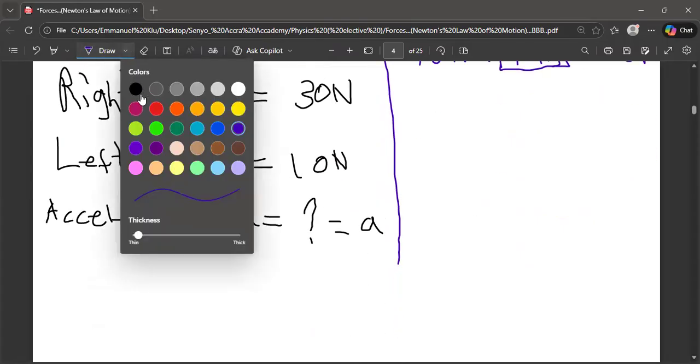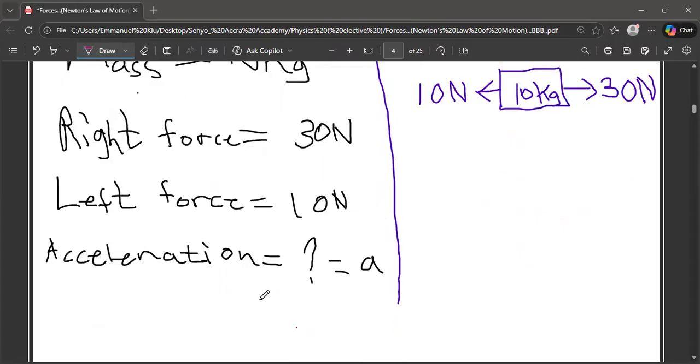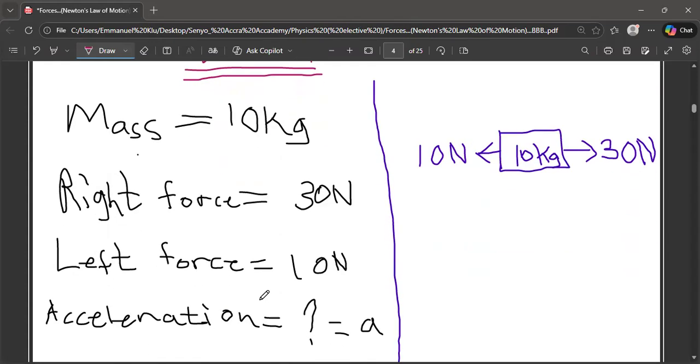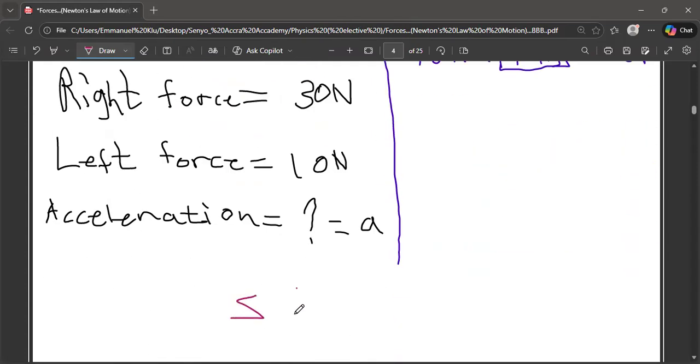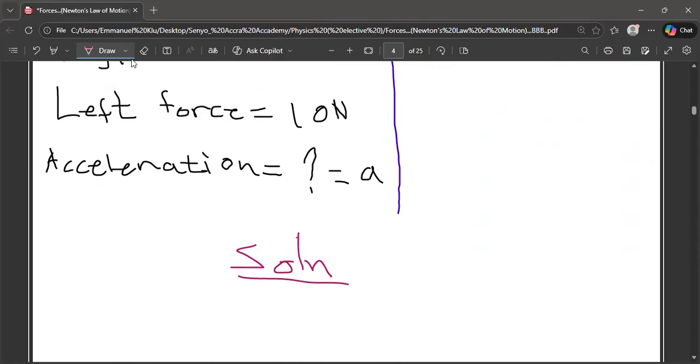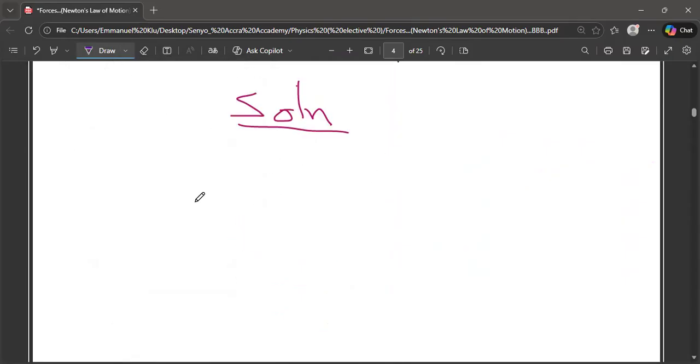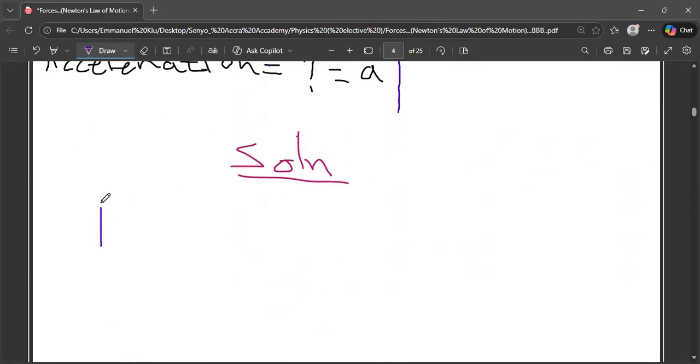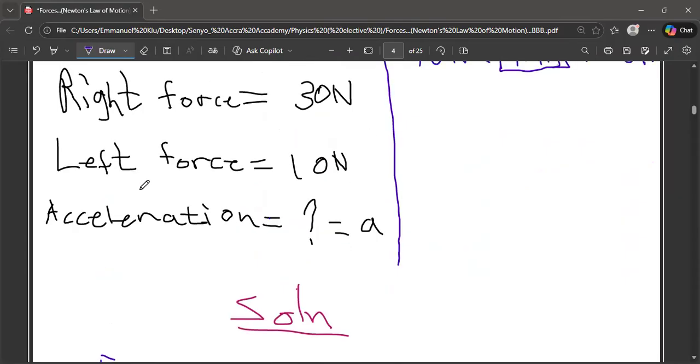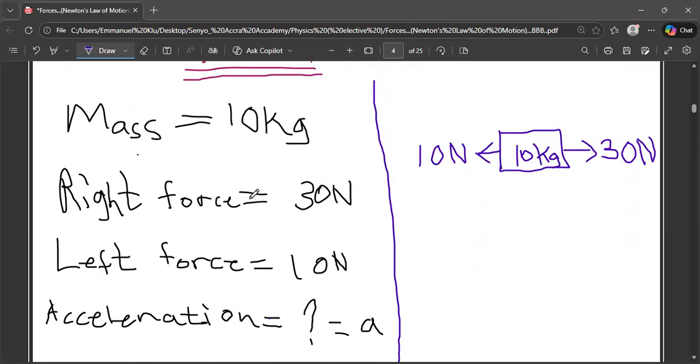In our solution, you said you had 2 meters per second squared. How did you get it? The easiest way to solve this: our net force is, let's say, the forces they gave us. I can call this one F2 and this one F1.